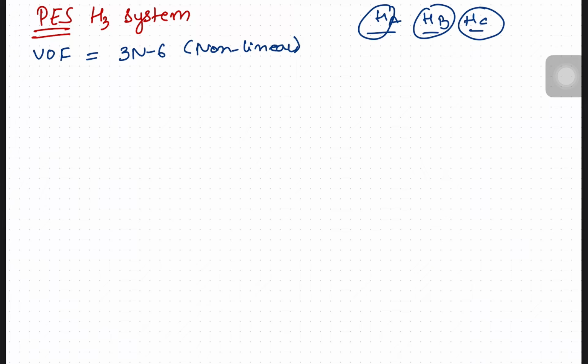In the previous example it was a diatomic system, so it is always in linear geometry. Here we don't know whether it will be linear or non-linear, so we have considered it as a non-linear molecule. So the vibrational degrees of freedom will be 9 minus 6, which is 3.